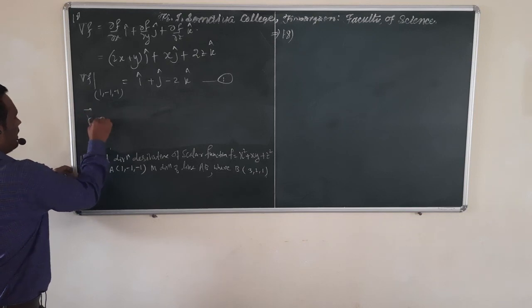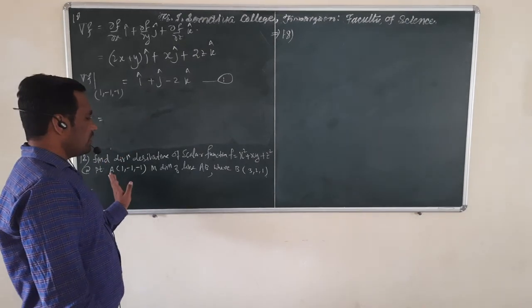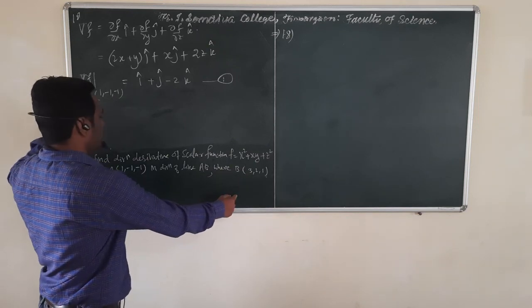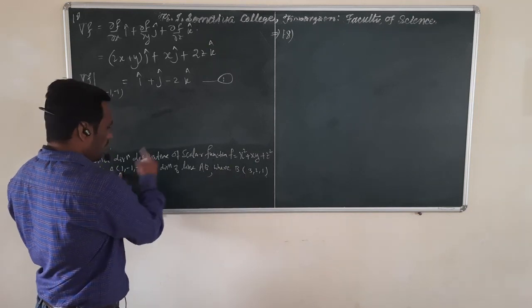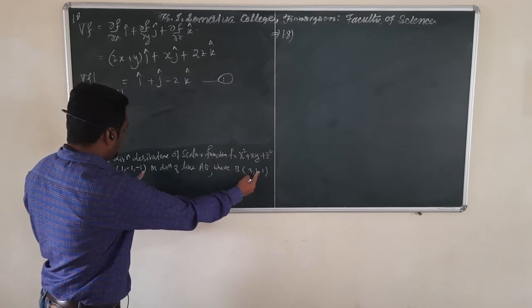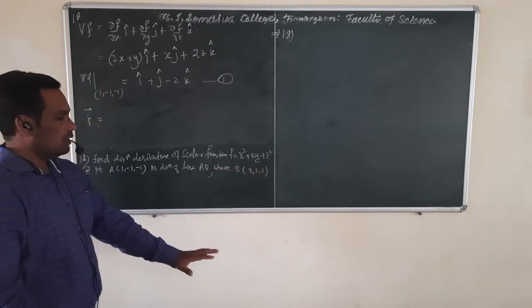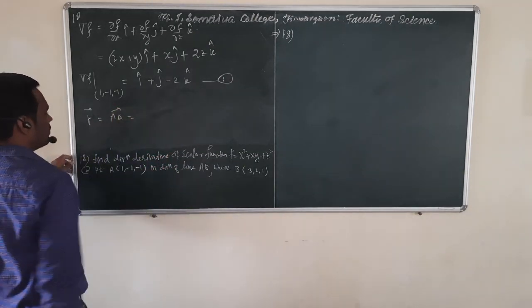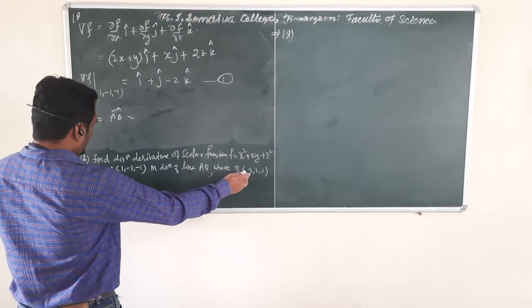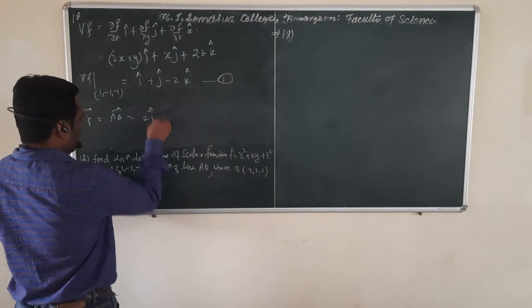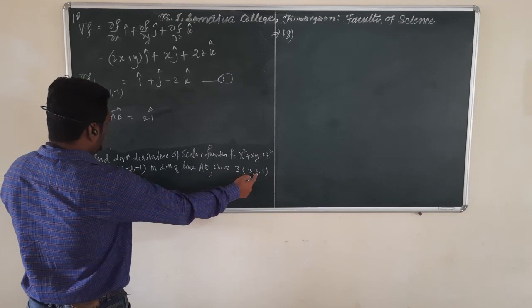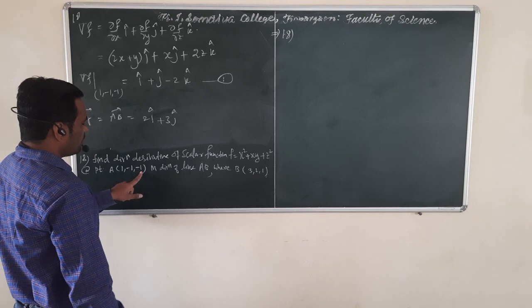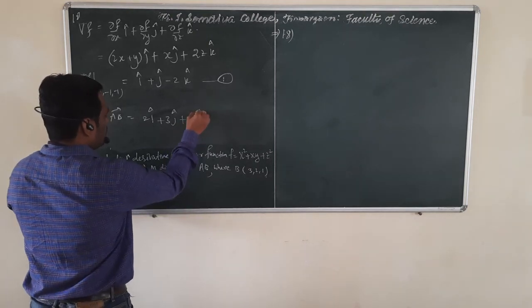The vector r is given by its starting point and end point, so we can find it as (x2 minus x1) i cap, (y2 minus y1) j cap, and (z2 minus z1) k cap. So vector r, which is vector AB, is 3 minus 1, which is 2 i cap, 2 minus minus 1, which is 3 j cap, and 1 minus minus 1, which is 2 k cap.